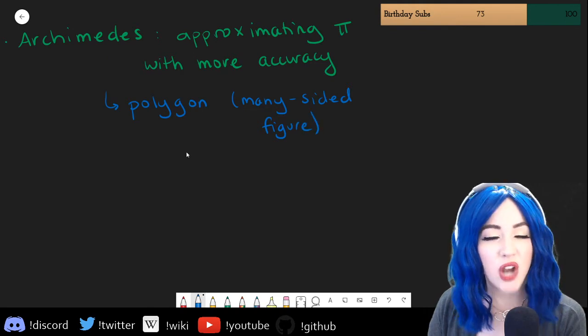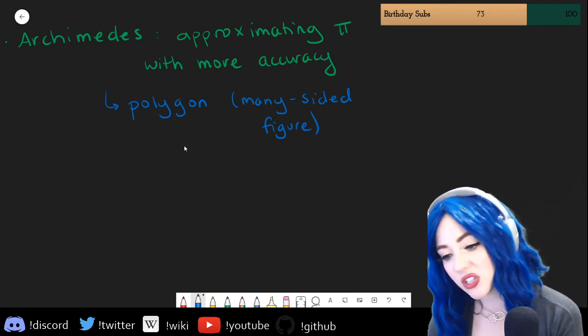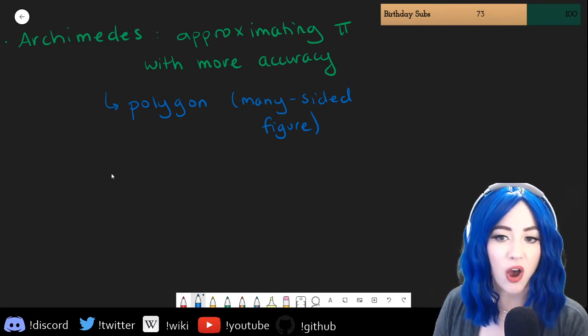So your triangles, squares, octagons, dodecahedrons, you smush all of that, it's a polygon. It's like the set of all the sided figures.